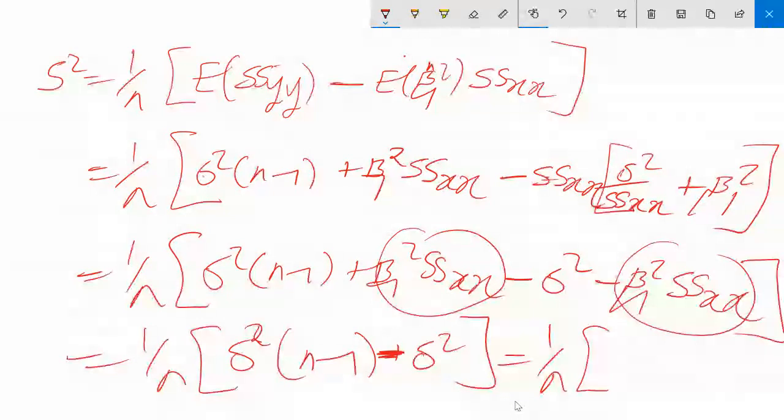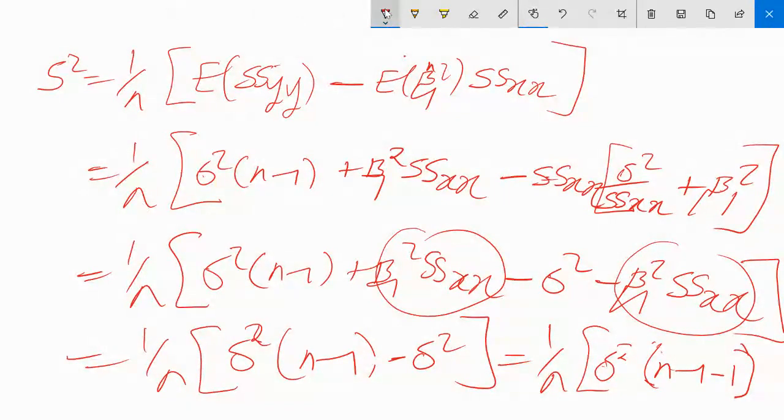Let me erase and write it properly so that you can see. If we factor out sigma squared again, we'll be left with n minus 1, which is this, minus 1 from here. So minus 1, and this is n minus 2.